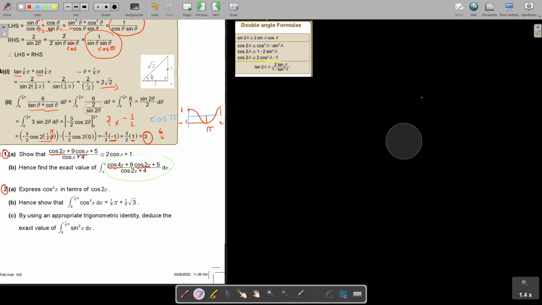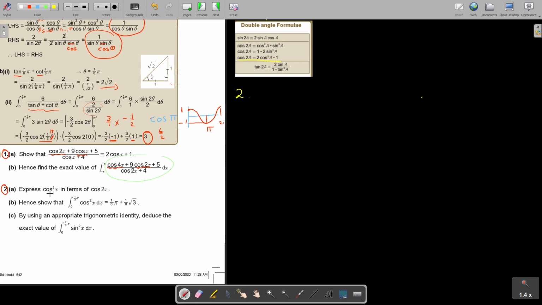Let's start with number 2. They say express, and they help you. And actually, I did that on page 5 to 7. You can go back to page 5 to 7, but I will derive it again.